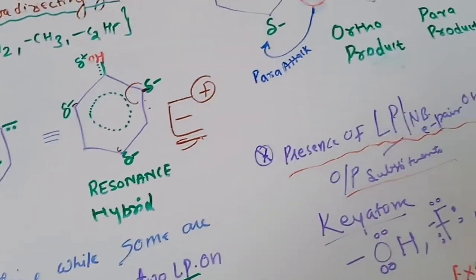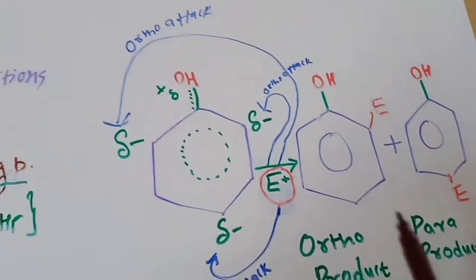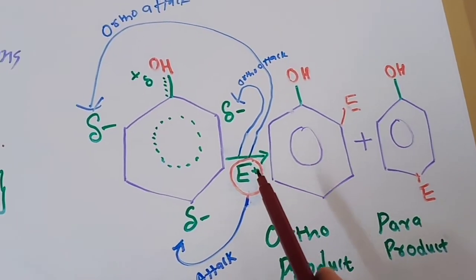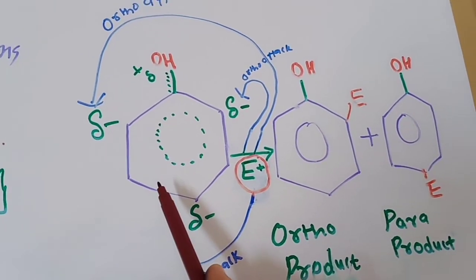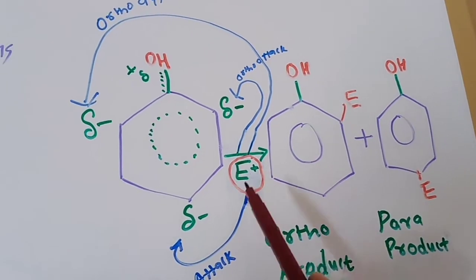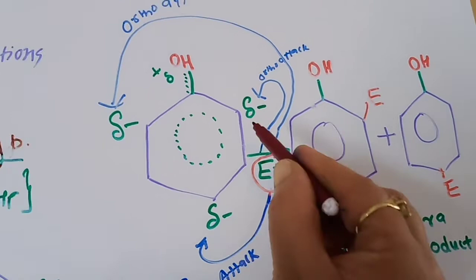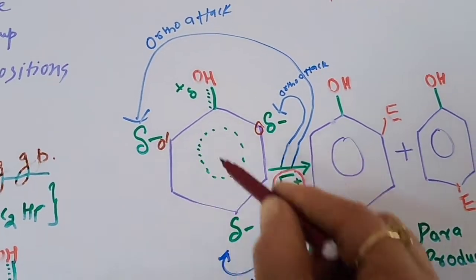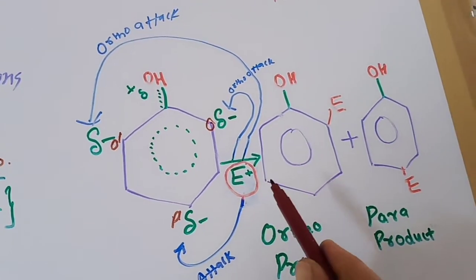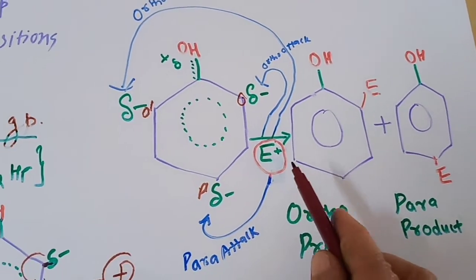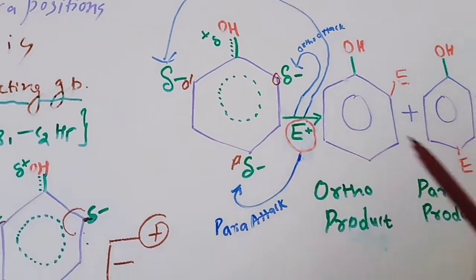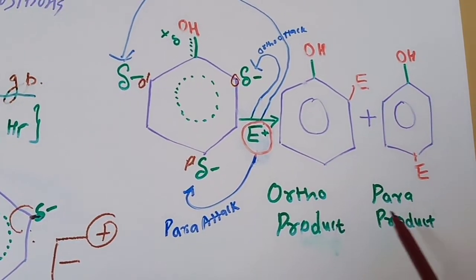Now let us see how the electrophile will attack the ortho and the para positions. This is our resonance hybrid. When an electrophile comes, these 3 regions have a high electron density. These are the ortho positions, and this is our para position. So when the electrophile attacks the region of high electron density, we will get the ortho product and the para product.